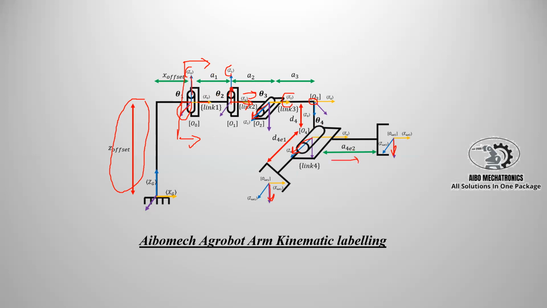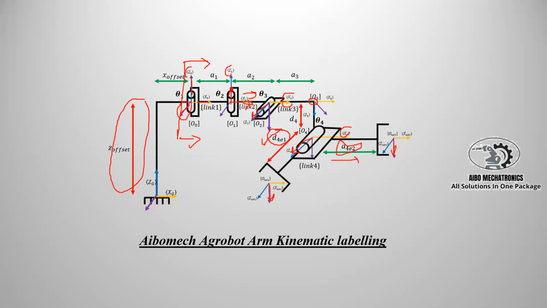Why do I say this is A and this is D? Because it must be coincident with X, so it is a link parameter. It must be coincident with Z, so it is a joint parameter.